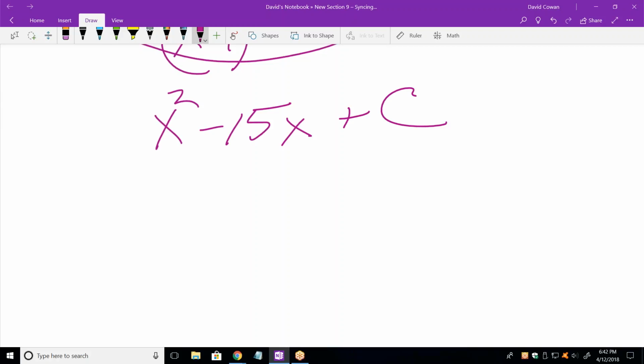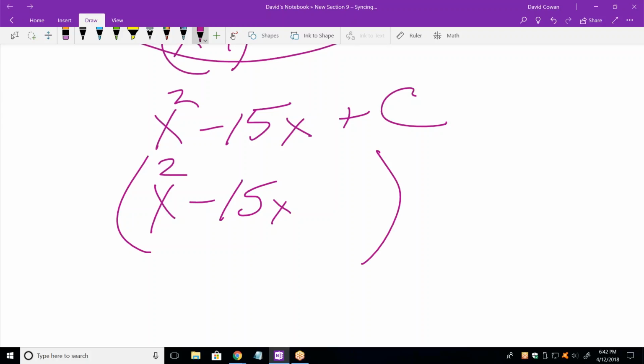Whenever you're completing the square, put parentheses, leave a space like that. Notice I haven't changed anything. I've just rewritten it in a way that I'm going to be able to complete the square. So what's my rule? Put it in half and then square it.